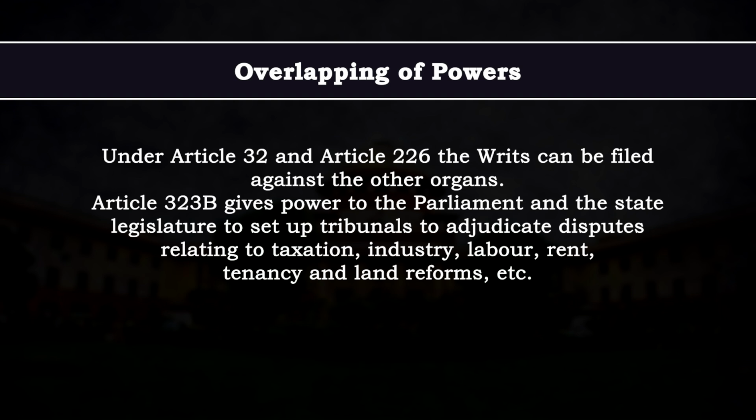Under Article 323B, which gives the power to the Parliament and the state legislature to set up tribunals to adjudicate the disputes relating to taxation, industry, labour, rent, tenancy, land reforms and many more.